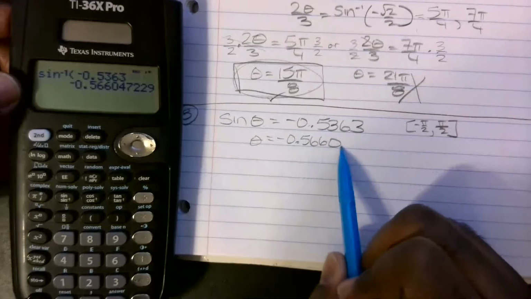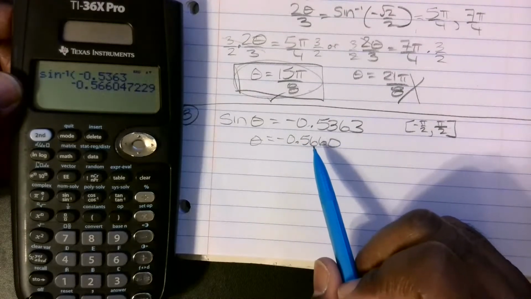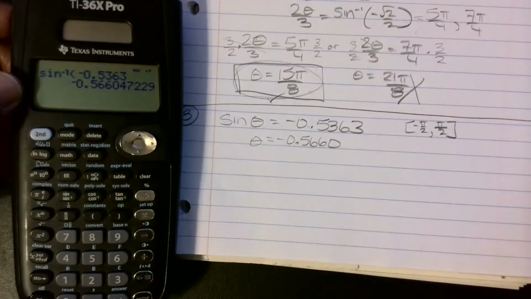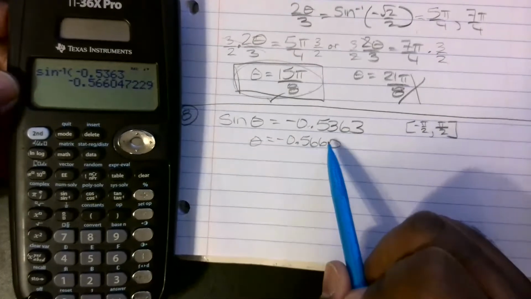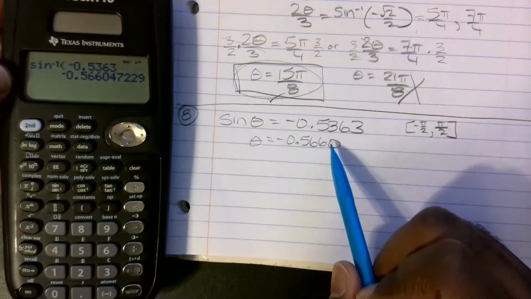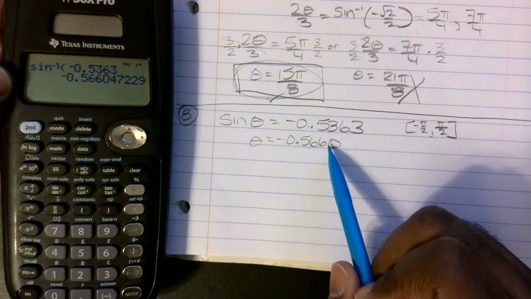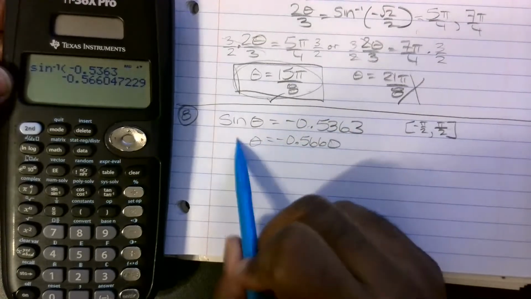Normally in quadrant 1, this is what we would be looking at. But as is obvious, this is not in quadrant 1. This is in quadrant 4, on negative. They don't want negative, they want positive, because they want our answers to be from 0 to 2 pi. So this is our reference angle.